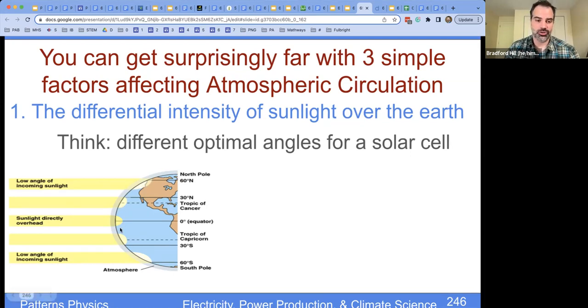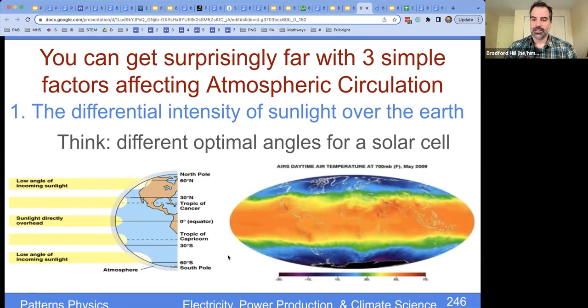So again, I just want to show you that students are already thinking this. That terminology is a little bit unavoidable. We really do want them to realize it's the different intensity of sunlight over the earth. The equator really is going to heat up more because it has more intense sunlight. And so no surprise, the equator is warmer.